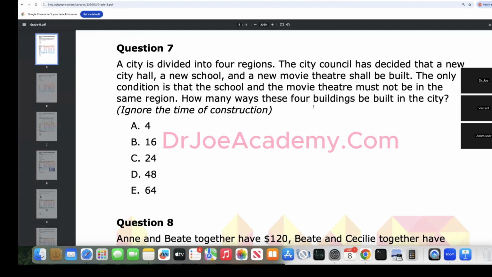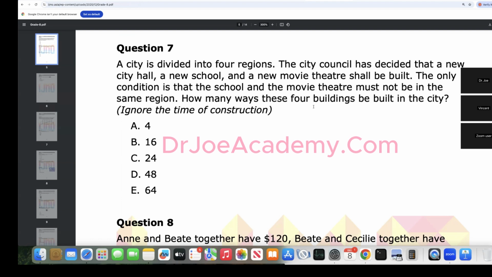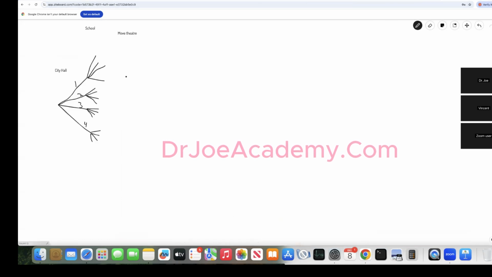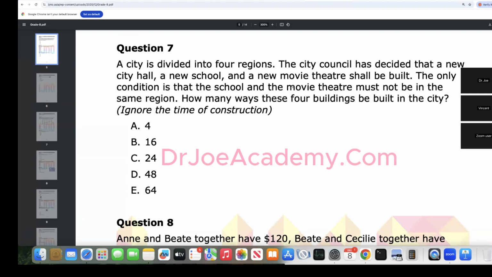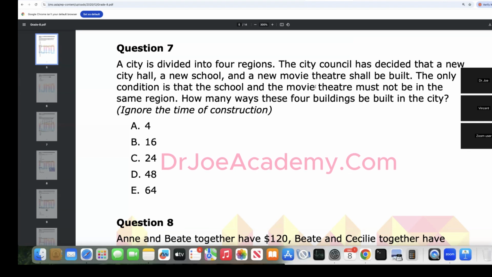Sixteen again? It was going to be four and four. But it says the school and the movie theater must not be built in the same region. Oh, you're right. Wherever the school was built, the movie theater cannot be built there.